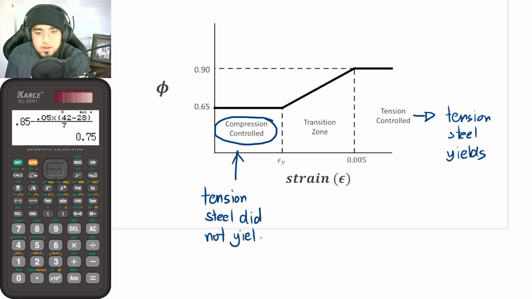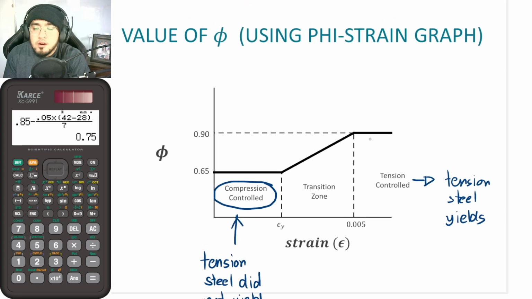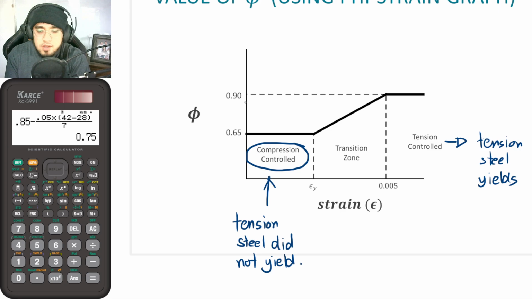Okay, so as you can see here, if our section is tension controlled, the value of phi is actually 0.9. And if, let's say, our reinforced concrete section is compression controlled, the value of phi is 0.65. So what does it indicate?